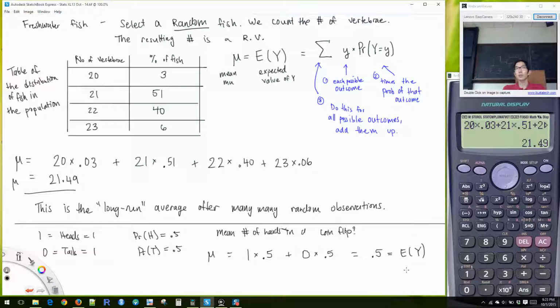Instead of saying what was the outcome of the coin flip, heads or tails, I changed the question so it would be a random variable. I said, how many heads did I see? And either I saw 1 head or I saw 0 heads. And that's why the assignment was 1 and 0.